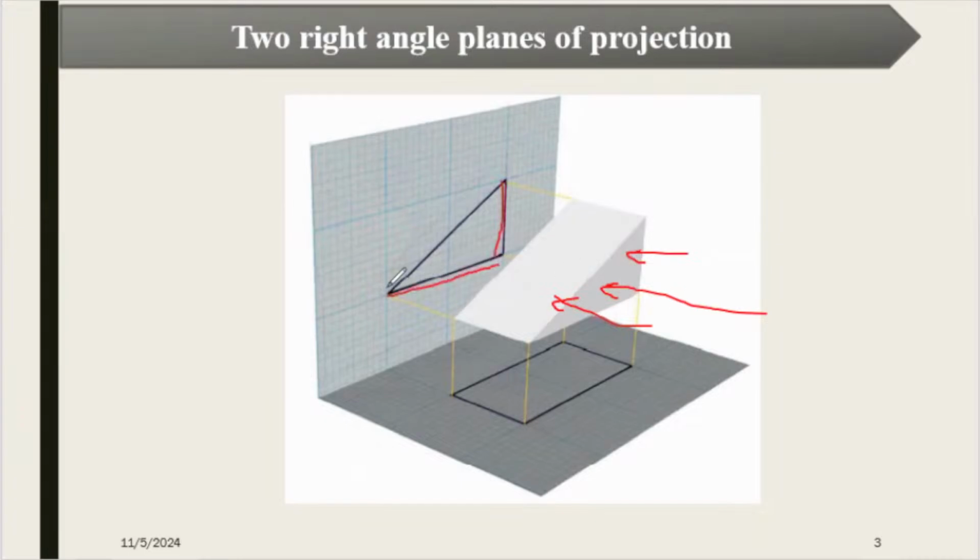If you give some light from here, and then look at the projection, you will see something like this. So here you can see that this one is a rectangle and this one is a triangle, right?